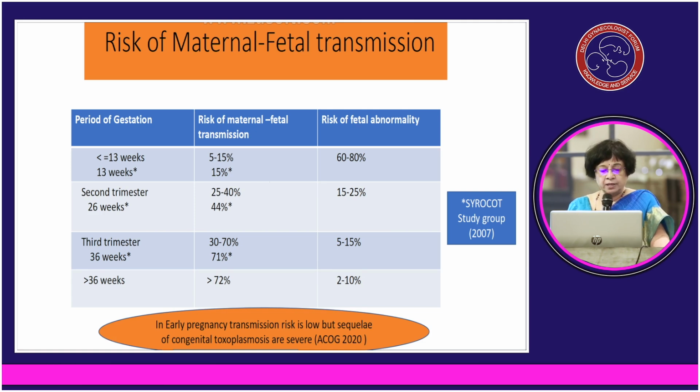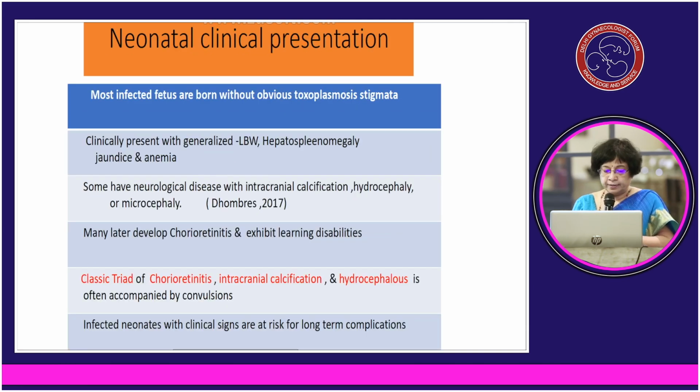In the second trimester, it is around 25 to 40%, but fetal abnormality chances reduce to 15 to 25%. In the third trimester, fetal abnormality decreases to the tune of 5 to 10%, and at greater than 36 weeks it's only 2 to 10%.